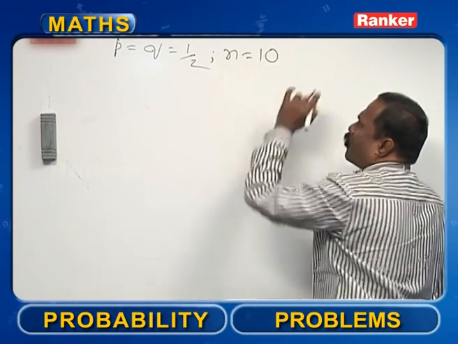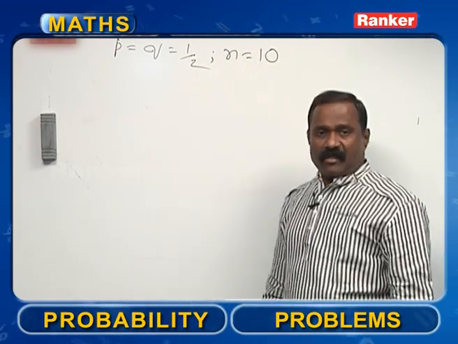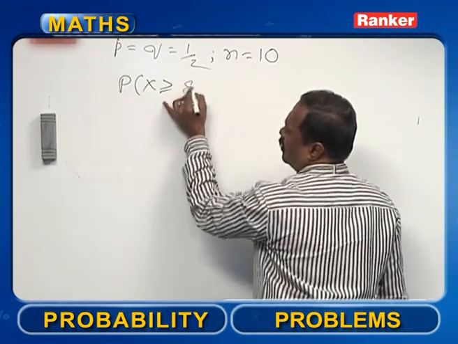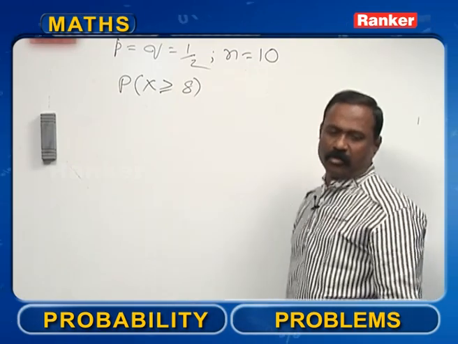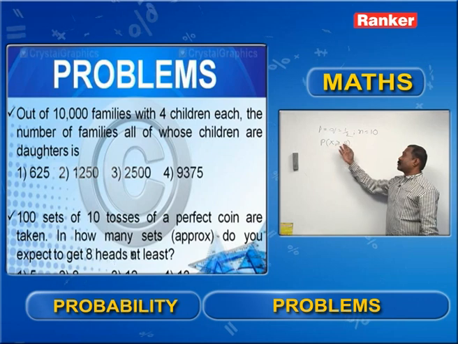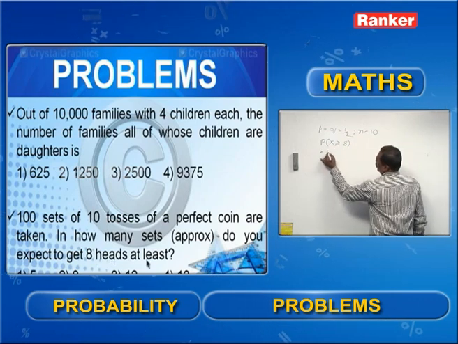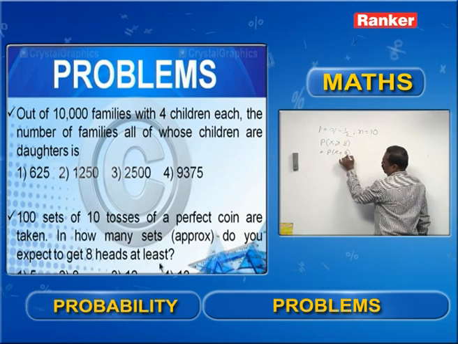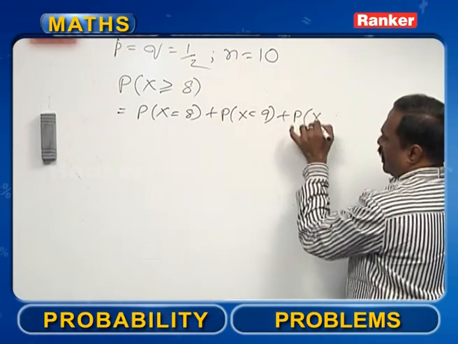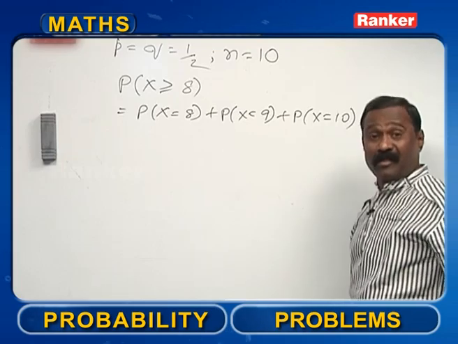How many times is the coin tossed? 10 times. What is the probability you require? Probability of getting at least 8 heads. At least means x is greater than or equal to 8, which is probability of x equal to 8 plus probability of x equal to 9 plus probability of x equal to 10. You have to write all this.